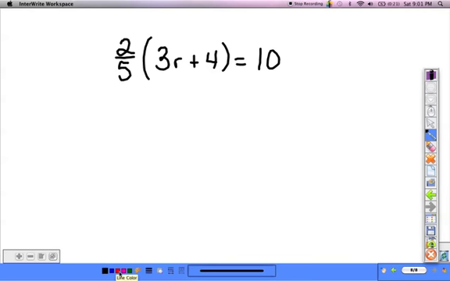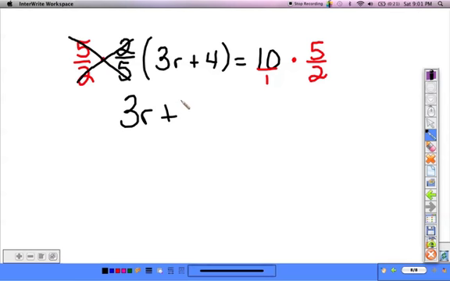Let's multiply both sides by the multiplicative inverse. You know what it is yet? 5 over 2. Very good. Multiply this side by 5 over 2. Remember, there's a 1 there. You don't have to write that, but if it helps you, you can do that. These 2's cancel out, and the 5's cancel out.